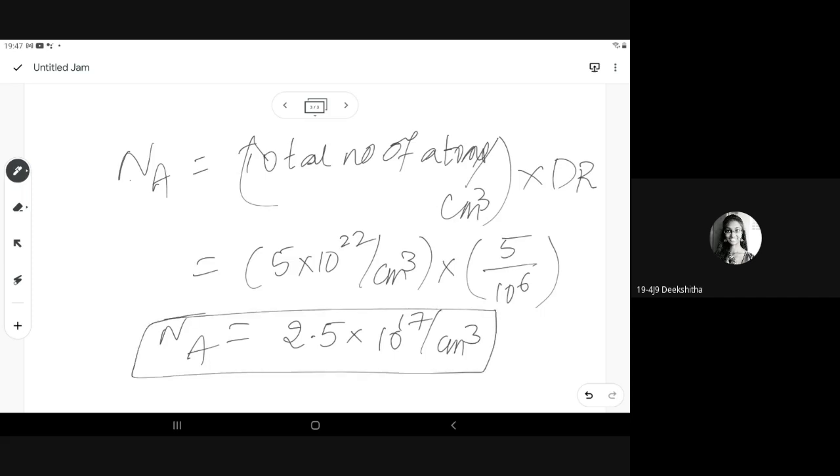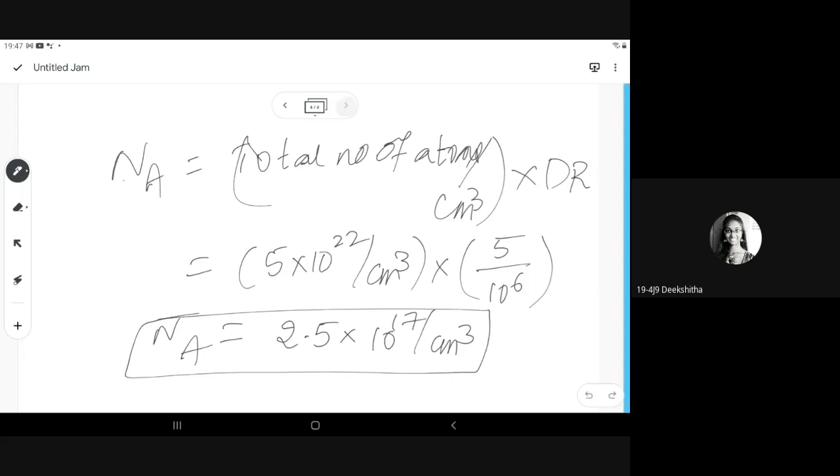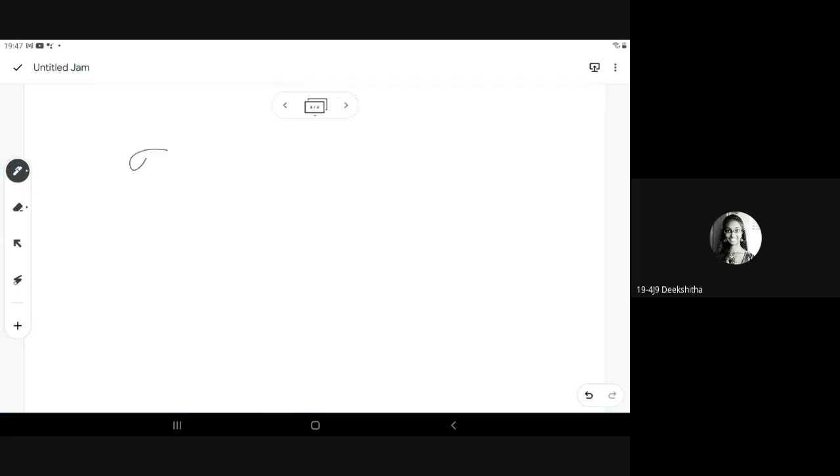Then what about sigma P, the conductivity due to holes? That is P q mu P. So what can I write for P? P is approximately equal to Na. Is it right?